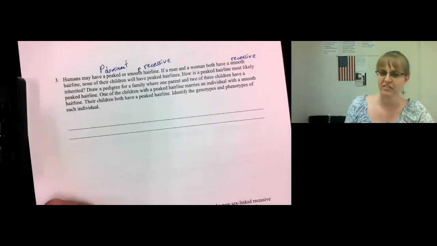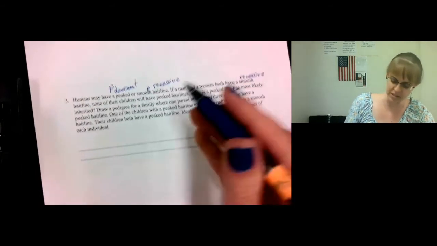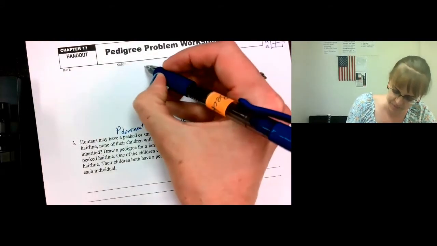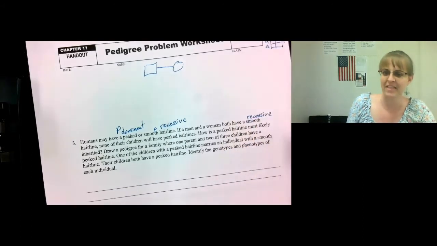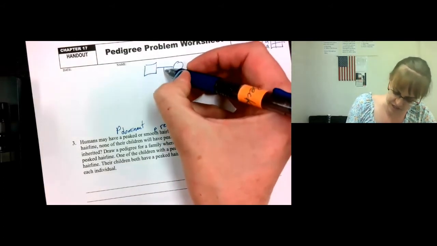Draw a pedigree for a family where one parent and 2 of 3 children have a peaked hairline. Okay, so we have to have parents, dad and a mom, and they have 3 children. You can choose boys, girls, or a combination thereof. You just need 3 children.